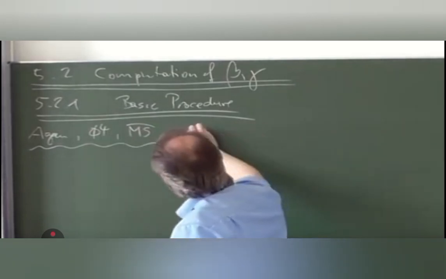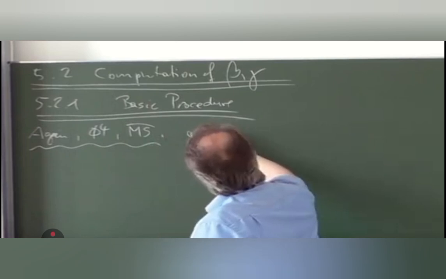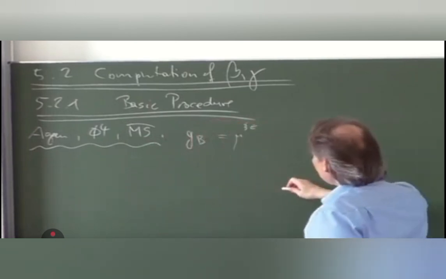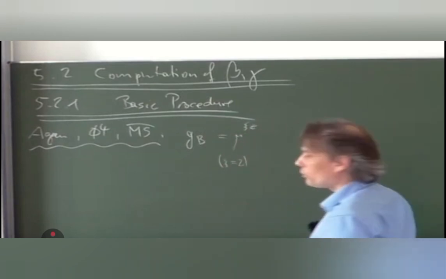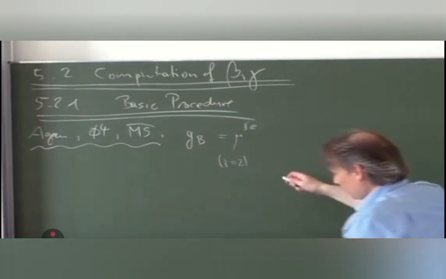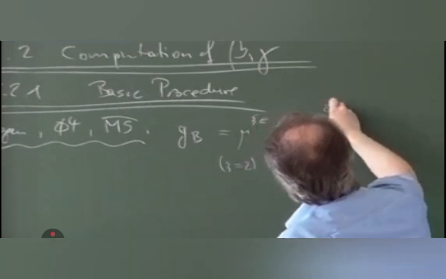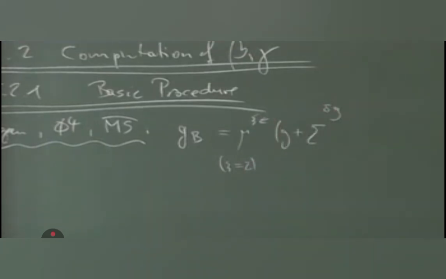So then, in this case, we have this very bare coupling constant, which is given by mu to the power psi times epsilon, where psi is 2 in the phi to the 4th theory, times g plus delta g, and delta g we write now as a power series in the coupling constant.